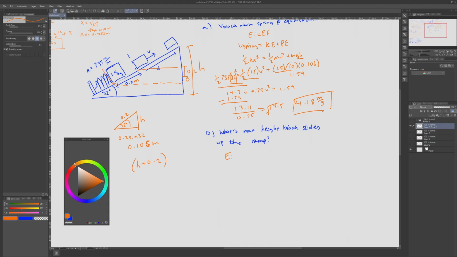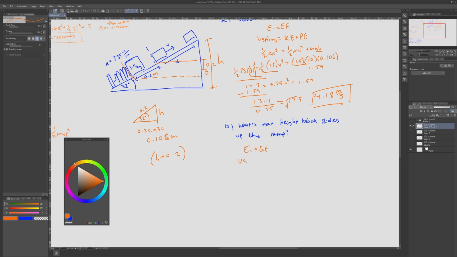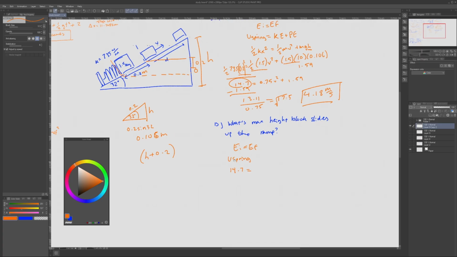Again, we're going to start with E initial equals E final. We're going to do U spring, so spring potential energy. We know from this equation that that's going to give us 14.7.